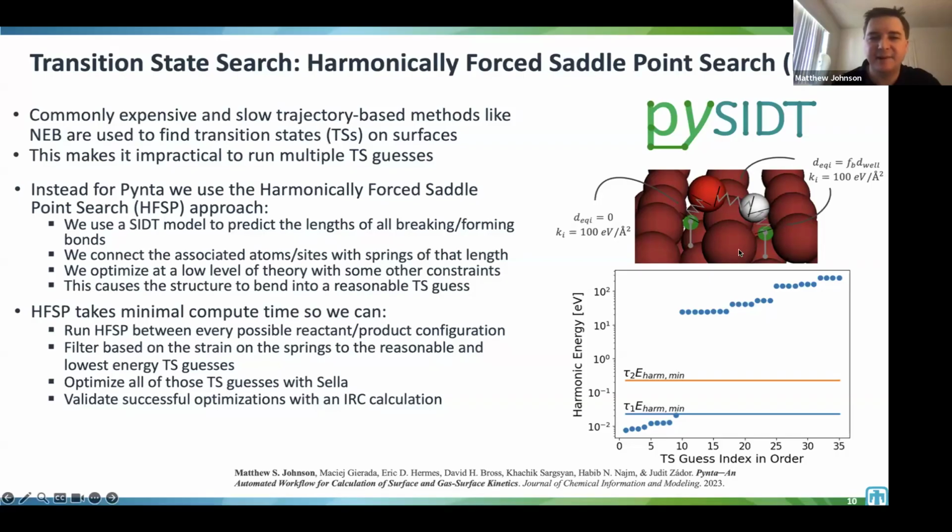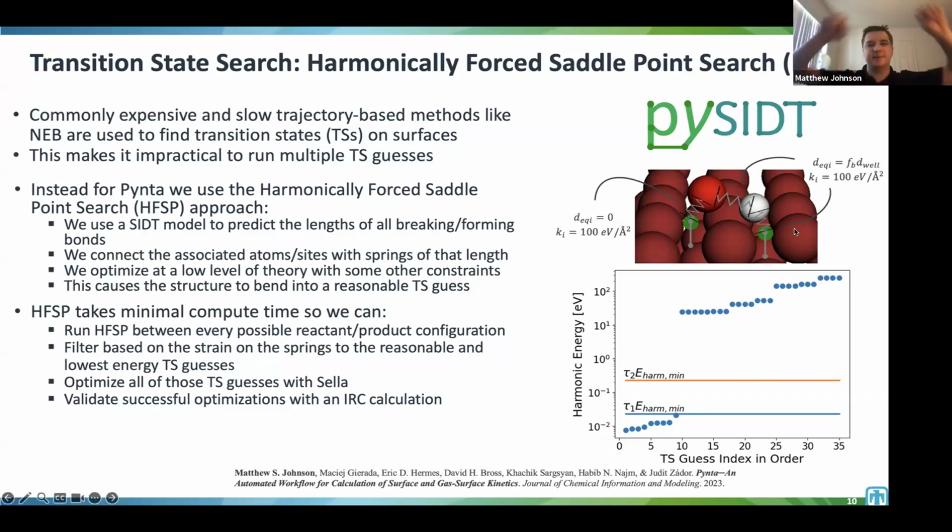And so based on that, it will enumerate all of the ways. So this reaction is an OH dissociation, a reaction between OH and a given site. It will look at all the places it can put that site relative to the OH, and all the ways that OH can be put on the surface.